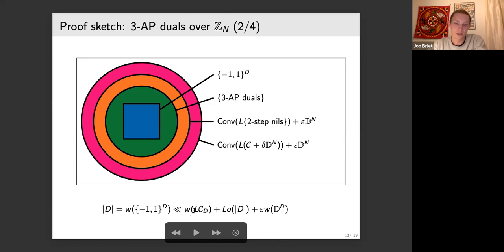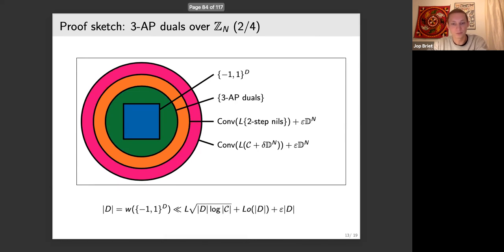What you have here is a scaling of a finite set. So C here was a delta net for the set of two-step nilsequences. So you have a scaling of a finite set of one-bounded functions that are defined on a set of size cardinality of D. It turns out something called the Khinchin inequality then tells you that this width is bounded from above by this scaling L times the square root of the cardinality of D times the log of the cardinality of this delta net.